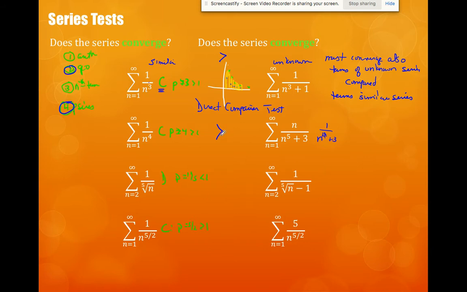Since I am directly comparing terms and the convergent terms all lie on top of the unknown terms, the unknown converges as well by the DCT. Now I have to draw another picture for this next one.